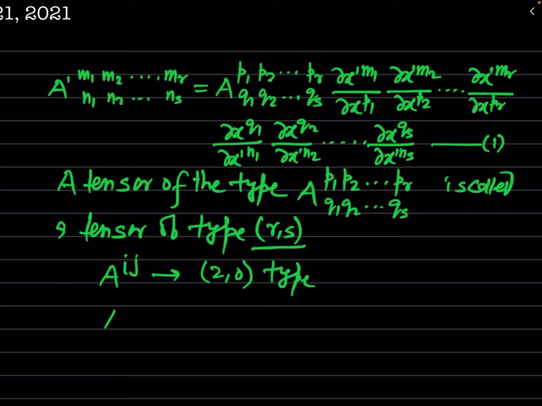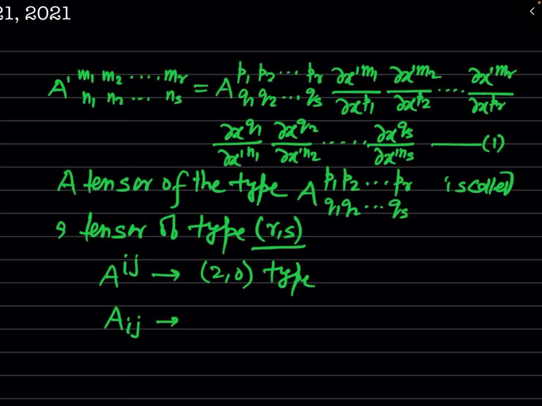Similarly, if you write this tensor, let us say A covariant ij, you can see in this case the contravariant indices are not here, and so the contravariant rank of this tensor will be 0.